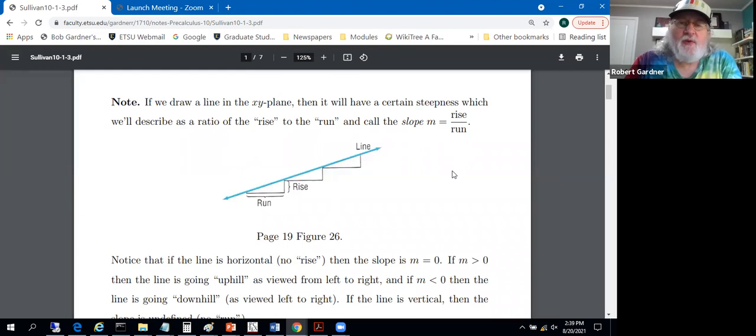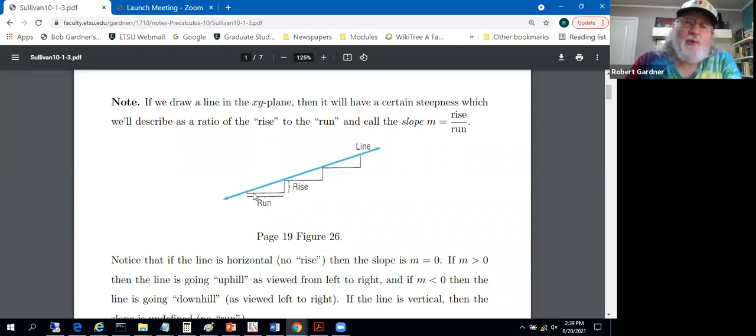Again, not very formal, but the idea is, as we move along this line, we'll go over a certain amount and up a certain amount. We'll run and then rise, run and then rise. And this little ratio is what will be called the slope of the line.